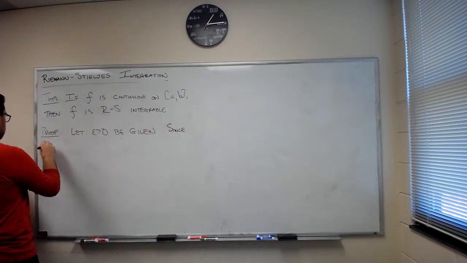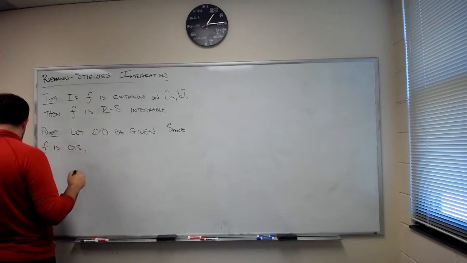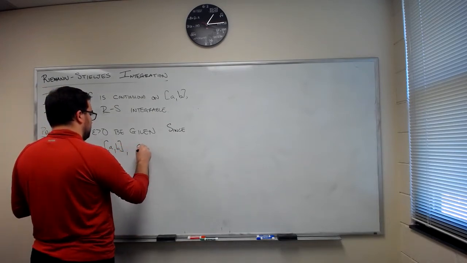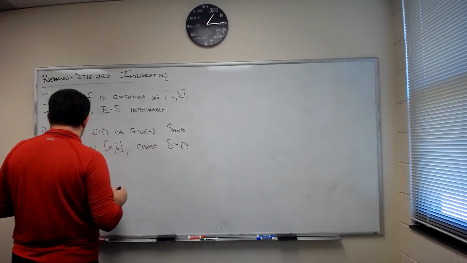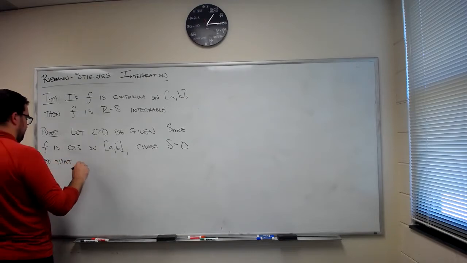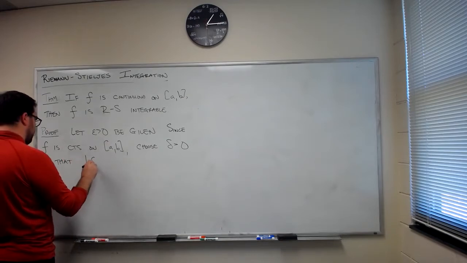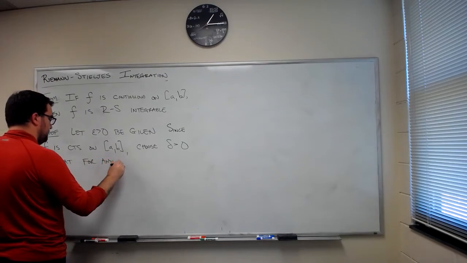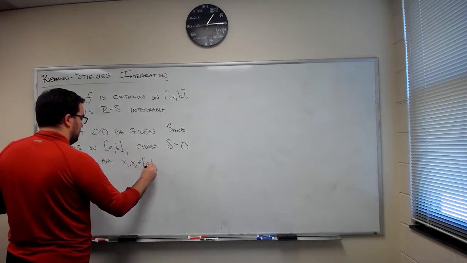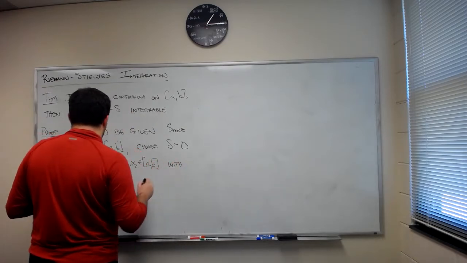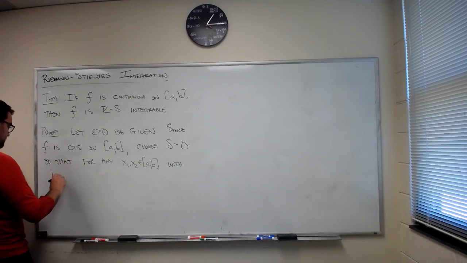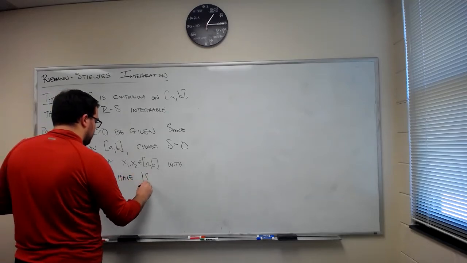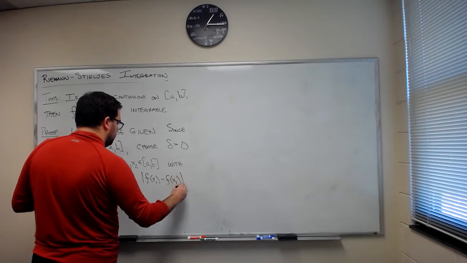But since f is continuous on [a, b], I'm going to choose delta greater than 0 so that for any x1, x2 in [a, b] with |x1 - x2| less than delta, we have that |f(x1) - f(x2)| is less than epsilon.